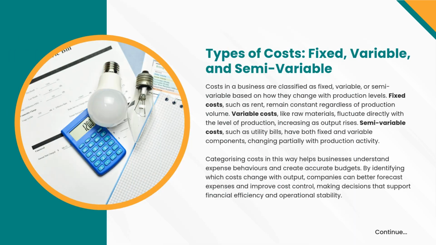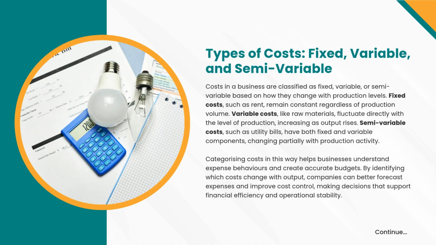Types of costs: fixed, variable, and semi-variable. Costs in a business are classified as fixed, variable, or semi-variable based on how they change with production levels. Fixed costs, such as rent, remain constant regardless of production volume. Variable costs, like raw materials, fluctuate directly with the level of production, increasing as output rises.